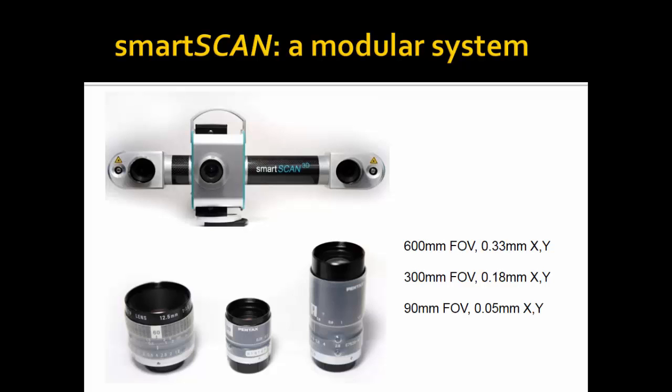So we can basically decide whether we want to spend a lot of time scanning the same object and obtain an incredibly high density point cloud, or we want to spend less time and obtain a point cloud of lesser density, for example, when we want to scan a larger object, when we're not sure even if we would be able to process all that data that we capture with the scanner.